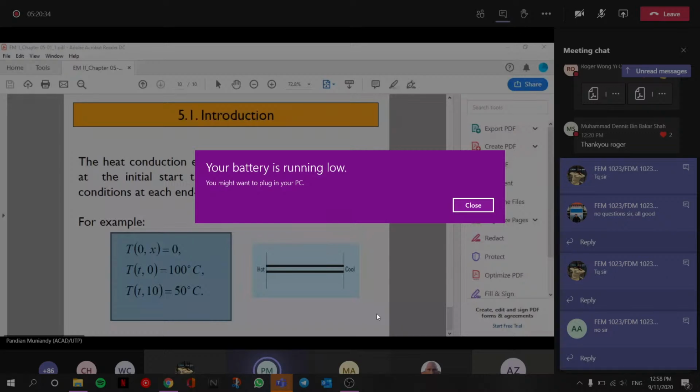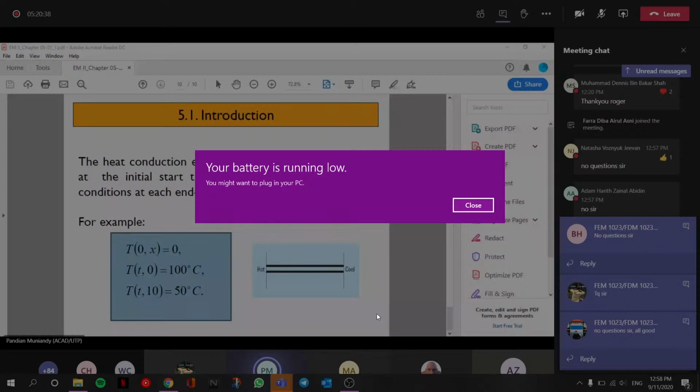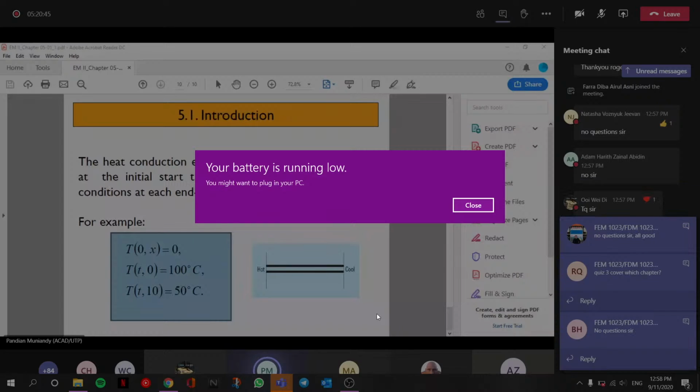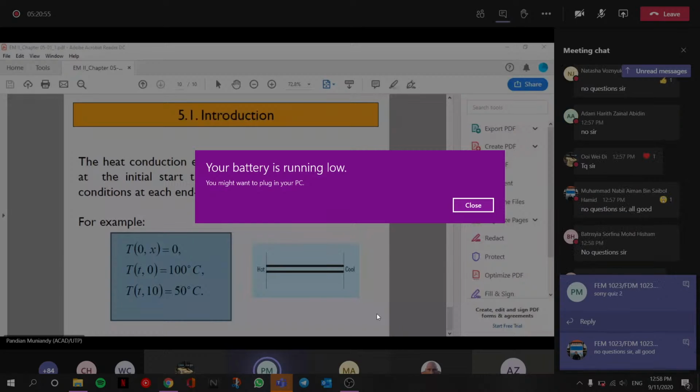If you have any question on test 1 and quiz, not quiz 3, quiz 2. Quiz 2 only. Roger is asking, which chapter does quiz 3 cover?